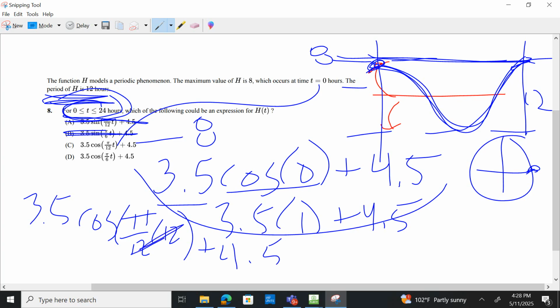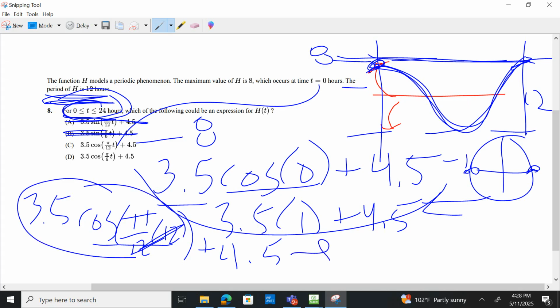Well, the 12s simplify, so what is the cosine at pi? The cosine at pi is -1. So this would give me -1 times 3.5, which is -3.5 plus 4.5, and that does not equal 8. I can eliminate option C.